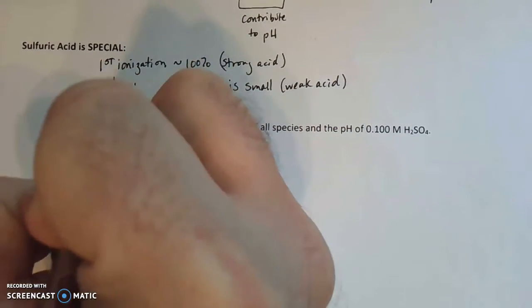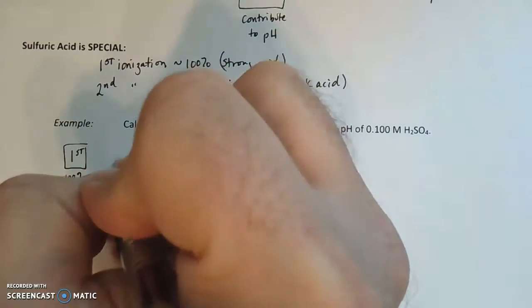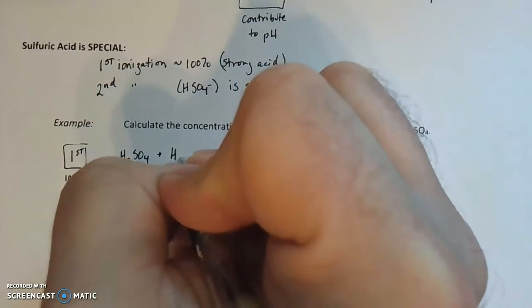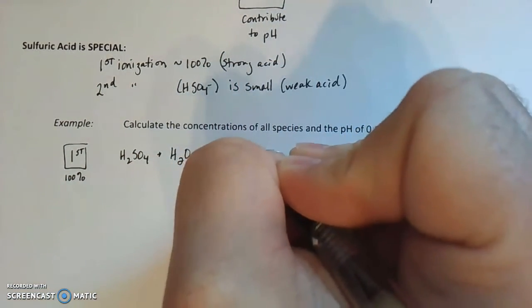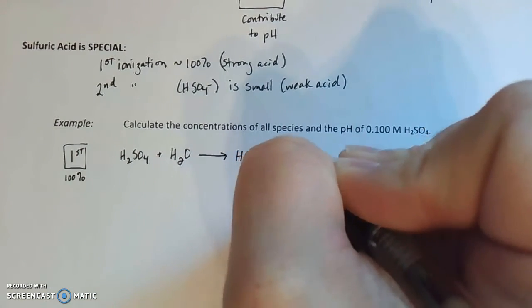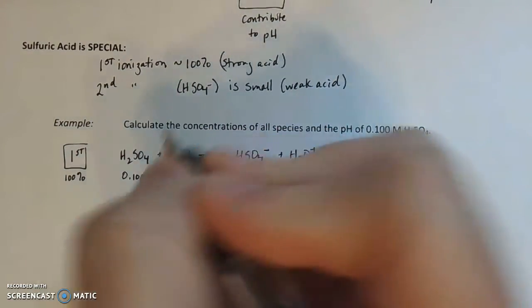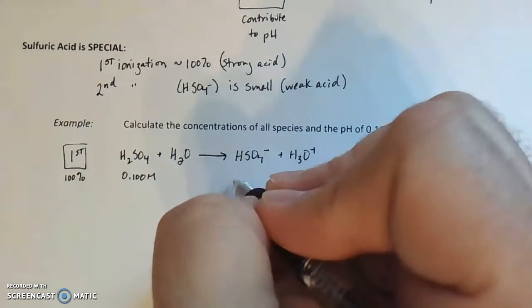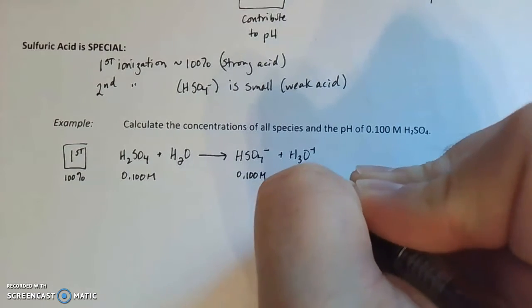So the first ionization, we have 100%, which means that H2SO4, when it reacts with water, is going to give us HSO4 minus and H3O plus. So if this is 0.100 molar, then these two are going to be the same because we have a 1-to-1 mole ratio.